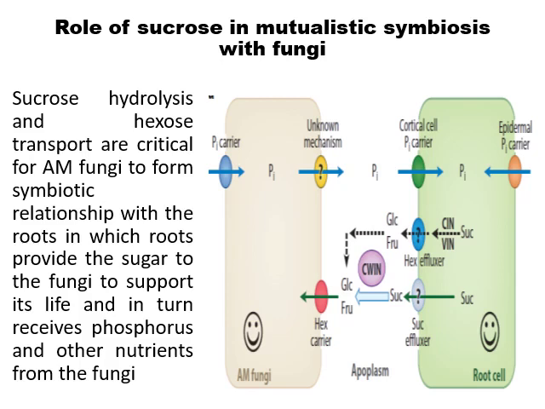So sucrose hydrolysis and hexose transport are very critical for these fungi, which are called arbuscular mycorrhizal fungi, to form a symbiotic relationship with the roots, in which the roots provide sugar to the fungi to support its life, and in turn the plant receives phosphorus and other nutrients from the fungi.